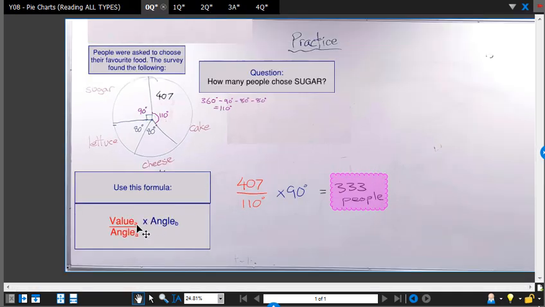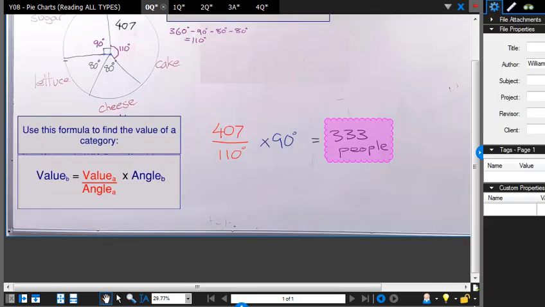Easy peasy. So I should probably say, use this formula to find the value of a category. I've adjusted this formula. Say the value B, the value of the category that we want, in this case sugar, is equal to value A divided by angle A. That's the value of a different category divided by the angle of that different category.